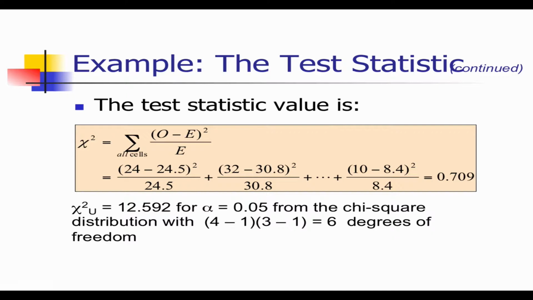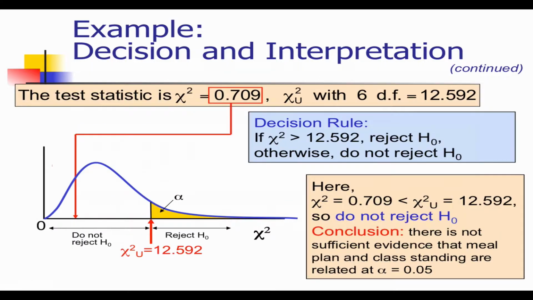Or you can conclude that the different years of the student or the class of the students have no association with their meal plan choice. So here it's just a little bit more details that we observe 0.7 and the critical value or the critical region is bigger than 12, so you fail to reject the null hypothesis.